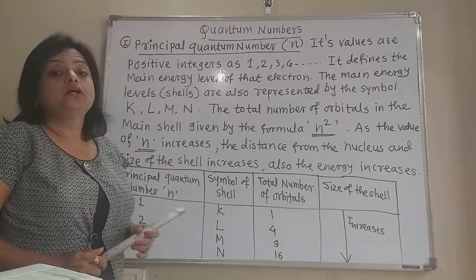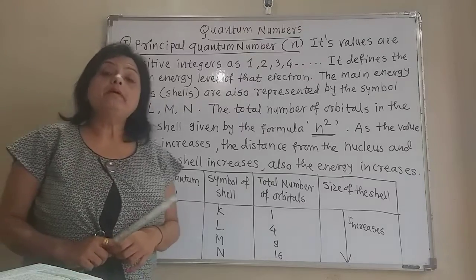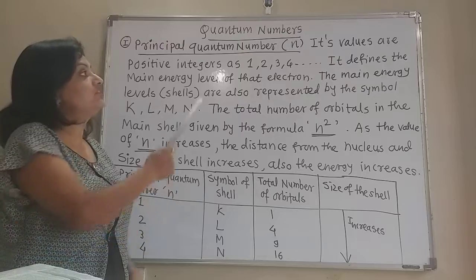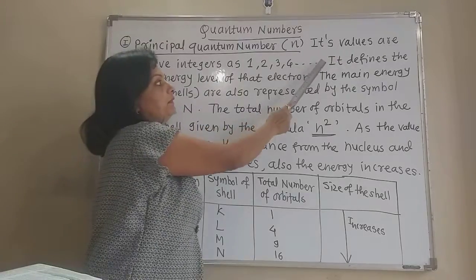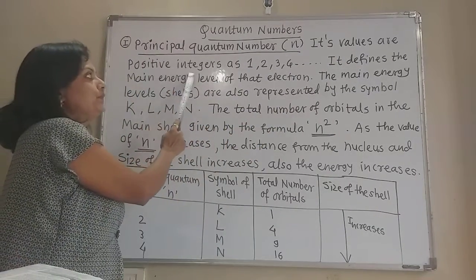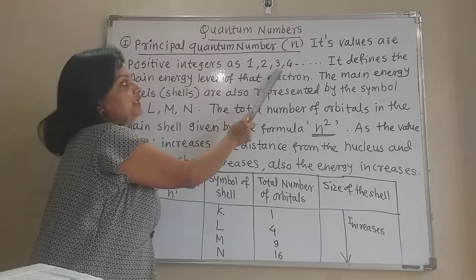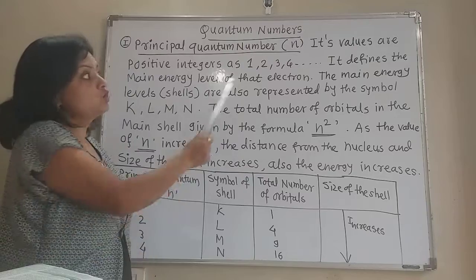The principal quantum number has positive integer values such as 1, 2, 3, 4, and so on.